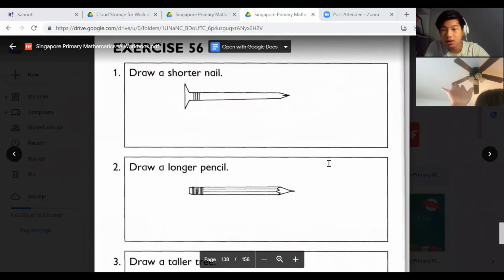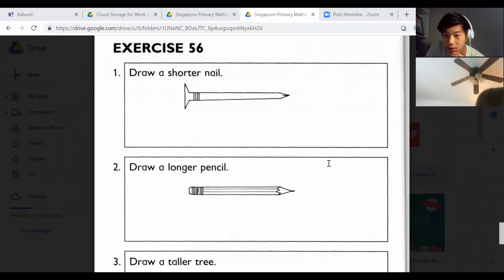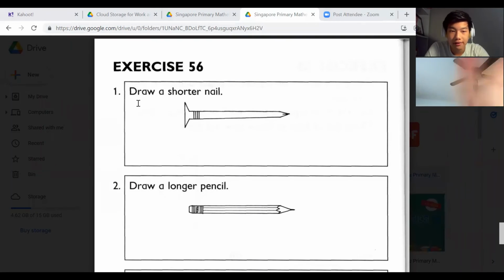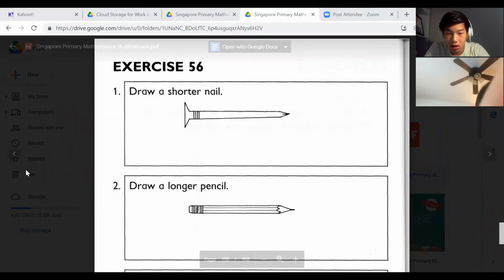Okay, so Irene, do you have a question? No? Okay. Do you have annotation or can you draw on the screen? Yes? Okay. So can you draw me first a shorter nail and then a longer pencil?